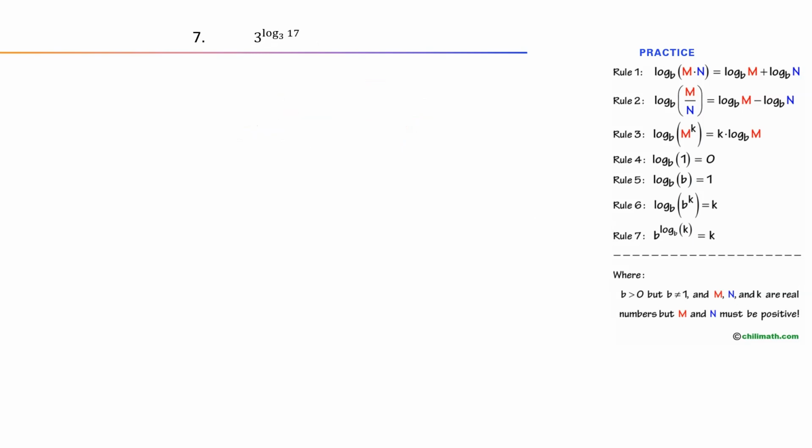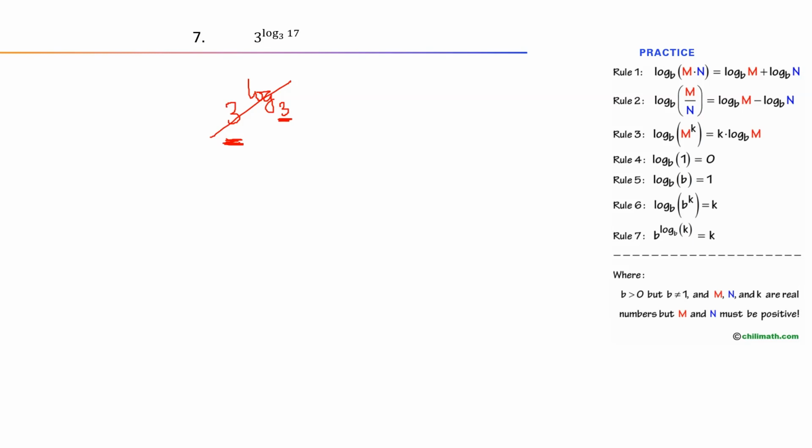Now we have 3 to the power of log base 3 of 17. This 3 we call the base as well for the exponential functions. For the log, the base is at the bottom, right? And these are inverse functions.